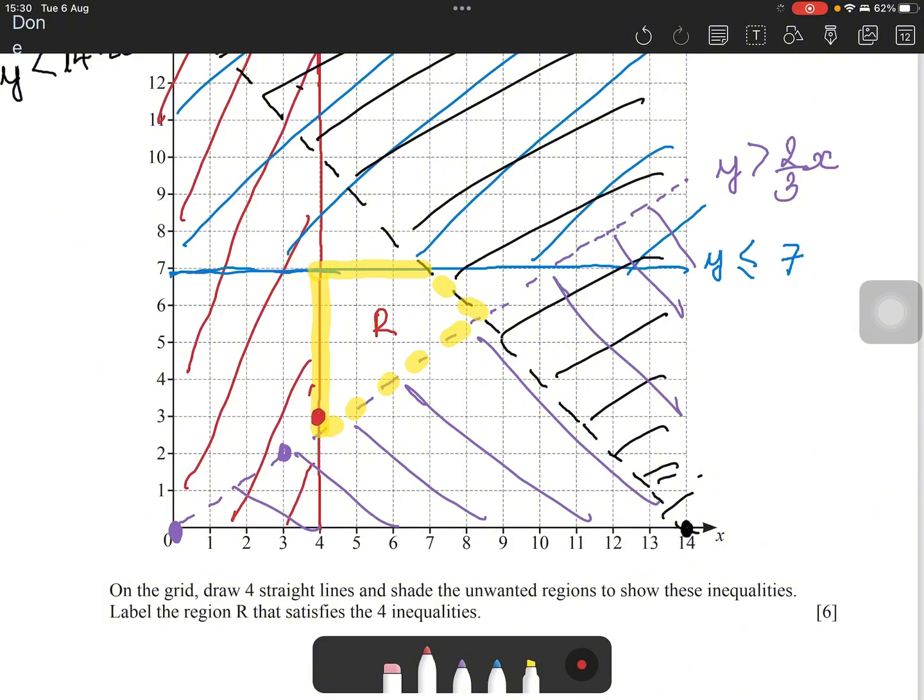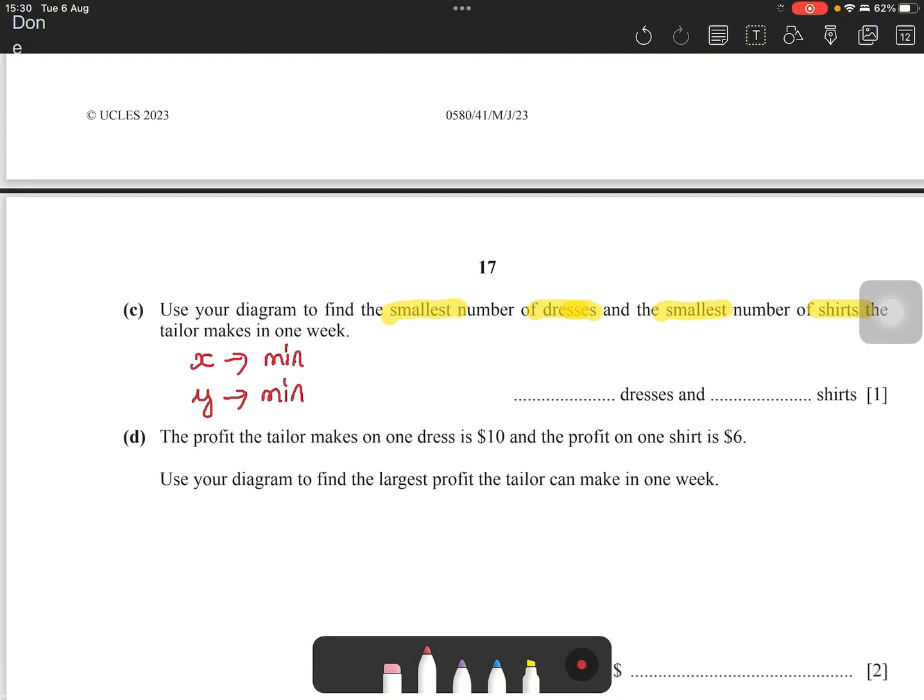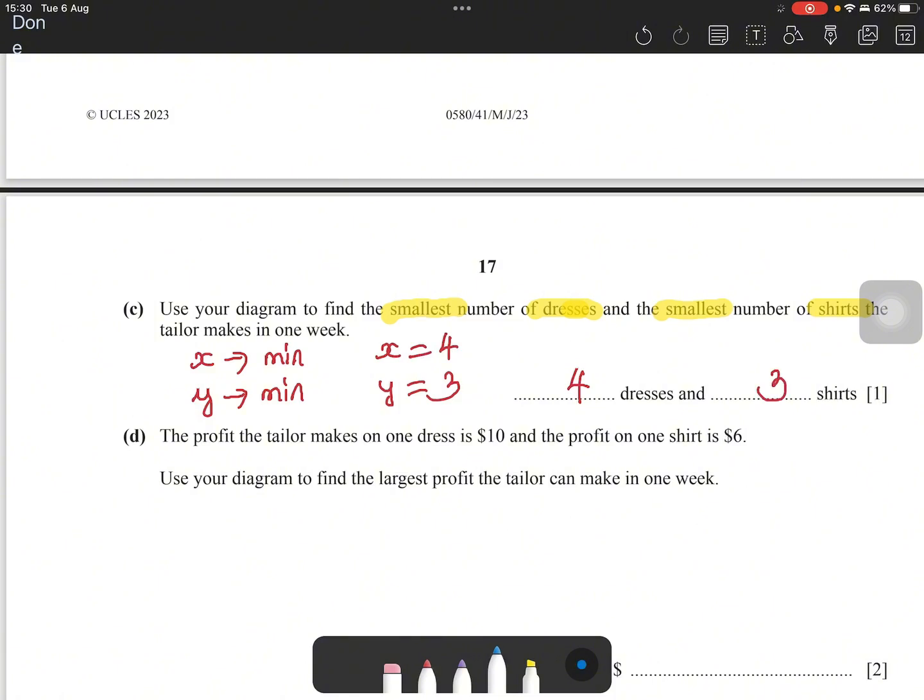This is question C. The smallest value for x and y. So this means x equals 4 and y equals 3. Which means we want 4 dresses and 3 shirts.